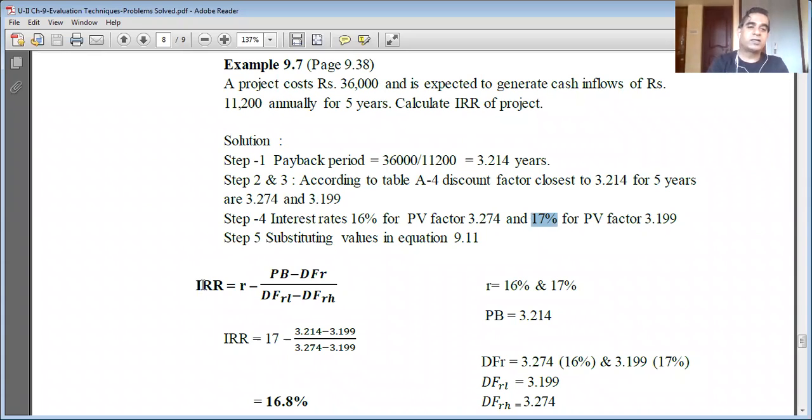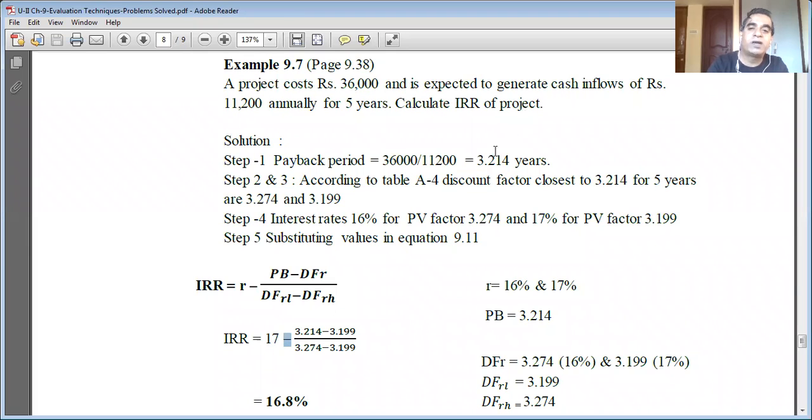Now let's consider equation 9.11: r equals the lower rate minus, payback period PB minus DFRH, whole divided by DFRL minus DFRH. I am going to consider 17%, the higher rate of interest, so the sign remains the same, minus.